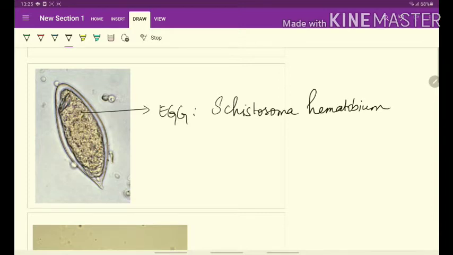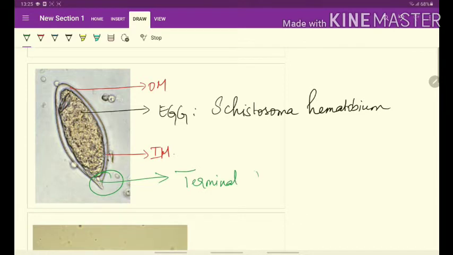The egg of Schistosoma haematobium has two membranes, outer membrane and the inner membrane, and it has a characteristic terminal spine. Based on the arrangement of the spine, the three species of Schistosoma are differentiated.